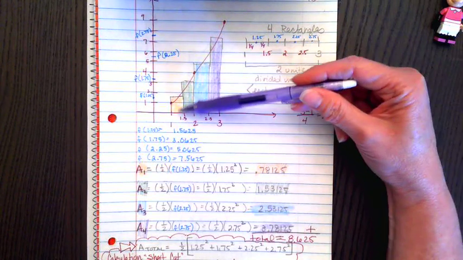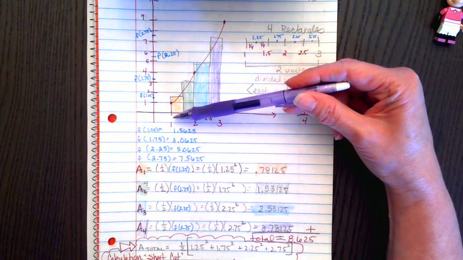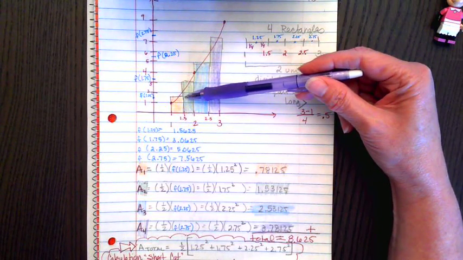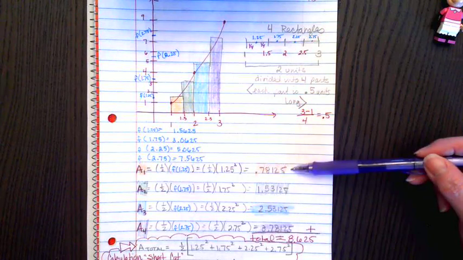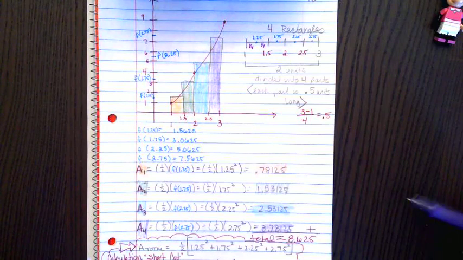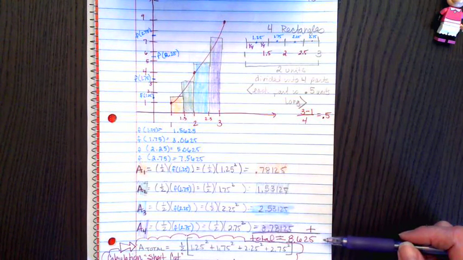But we've got our first area, the orange area, with a width of 1/2 and a height of 1.25 squared, and that area comes up to 0.78125. And so when I have each of the areas calculated here, adding them up, we get an area of 8.625. And that's it. That's all there is to it.